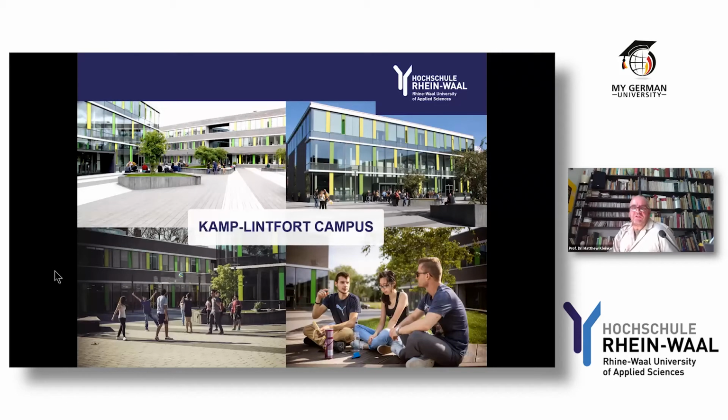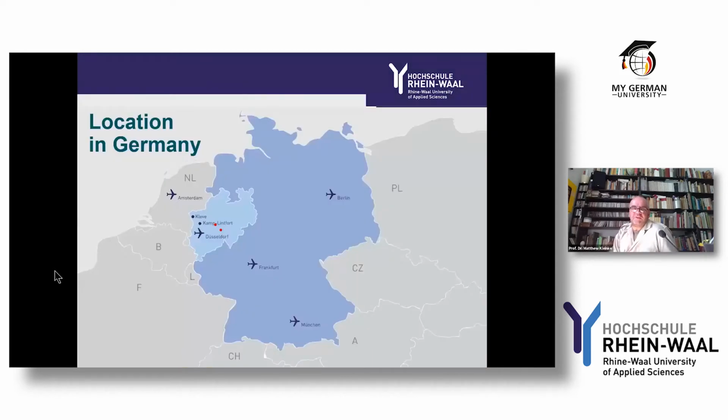Georgi gave you as an introduction already a short map where our university is located. I guess not all of you know the cities of Kleve and Kamp-Lintfort, and that's why I have this short map in my presentation as well, which shows you where we are. The shiny blue color is the federal state of North Rhine-Westphalia. We are somewhere in between Düsseldorf, which you might know, and Amsterdam, very close to the border to the Netherlands.